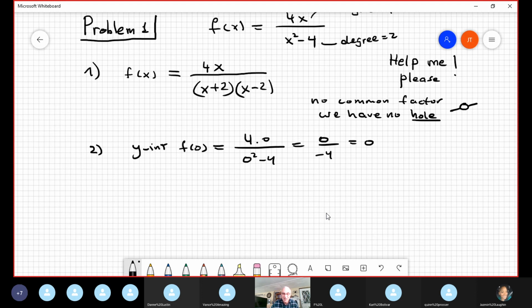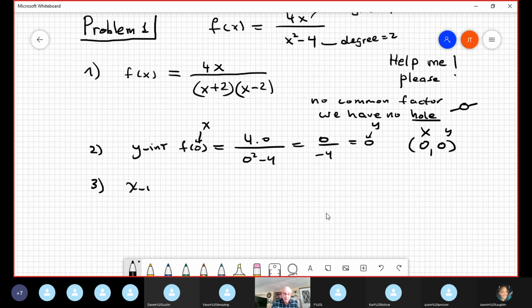When this situation happens, 0, 0, this is the x value and this is the y value. When the y-intercept is 0, 0, it's both the x-intercept and the y-intercept. Maybe we have another x-intercept, depending on the problem.